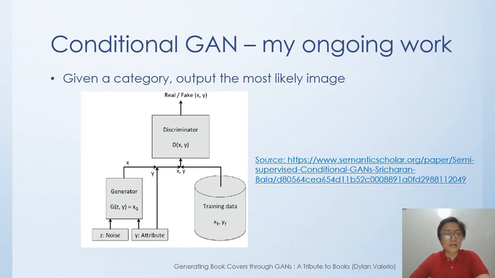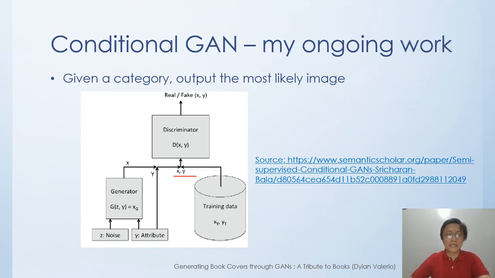So it's as expected, we don't have a language model inputted into the system. Now, a third type of GAN is called conditional GANs, and it's my ongoing work. Given a category, we output the most likely image. As before, we have the generator and the discriminator, and the difference now is that the discriminator also takes as input the label of the image.